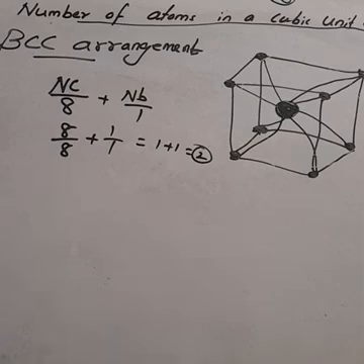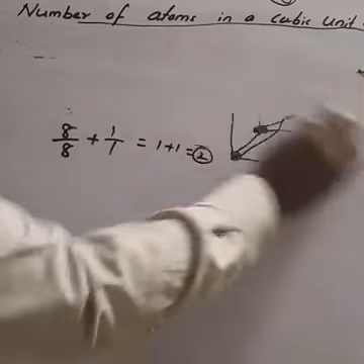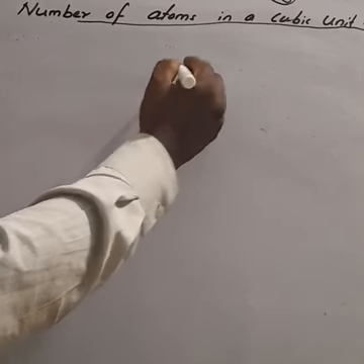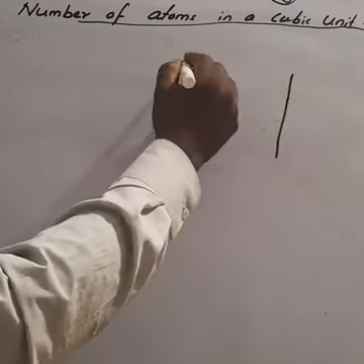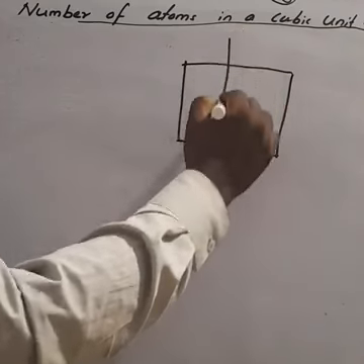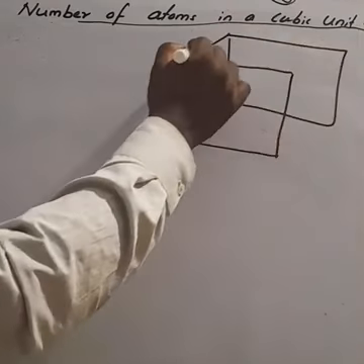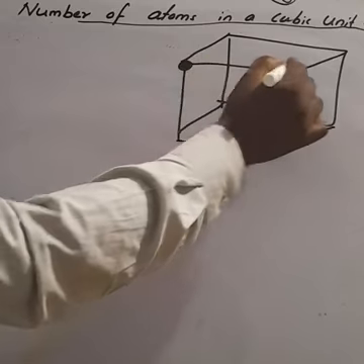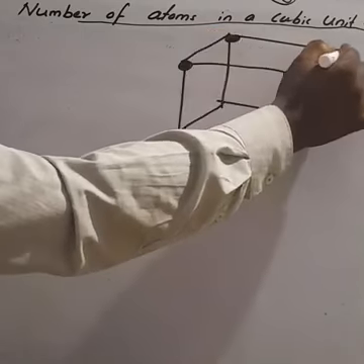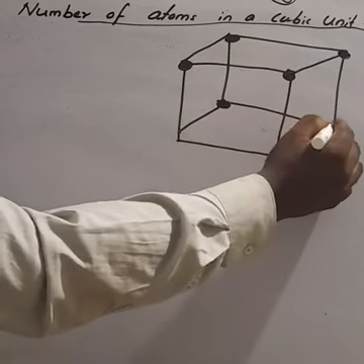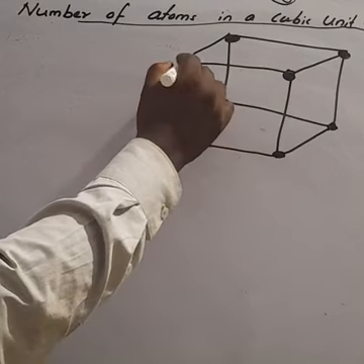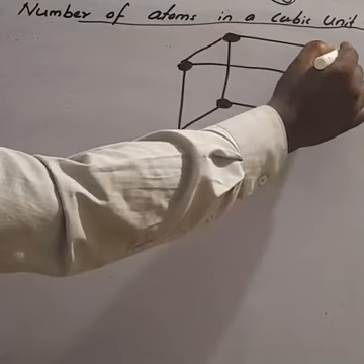Next, we find out the face-centered. How can you find the face-centered? Let us, I am drawing one of the face-centered cubics. First, I am drawing one face-centered cubic. This one. At each corner we occupy one atom. Am I right? Clear?